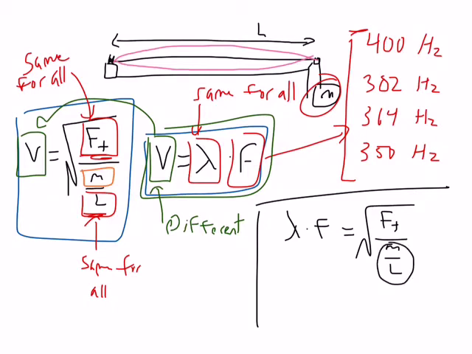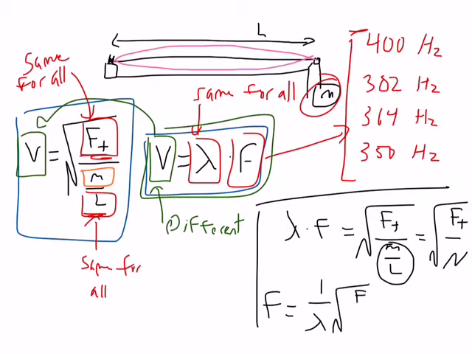So I'm going to replace that with mu, just for simplicity, rather than leaving both variables. So we want frequency equals, that's what frequency as a function means. So frequency equals 1 over lambda square root of F_T over mu.